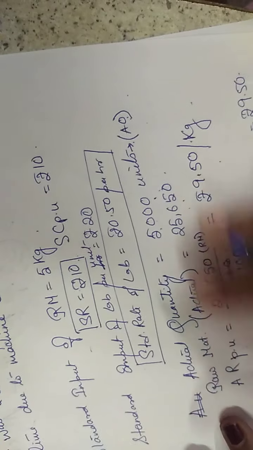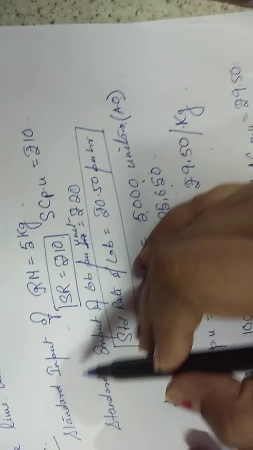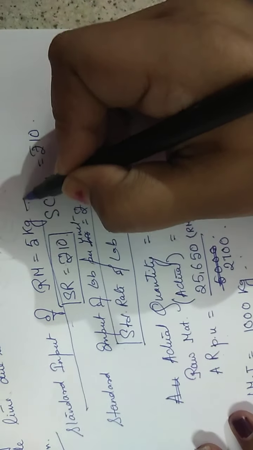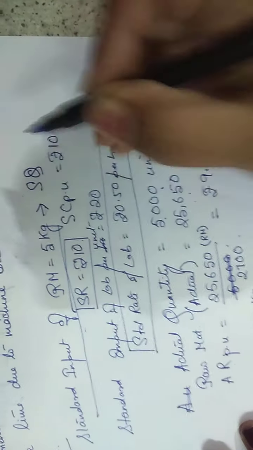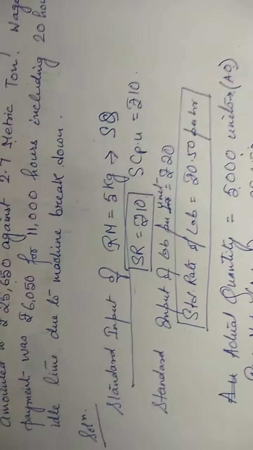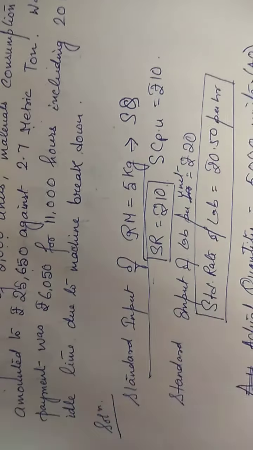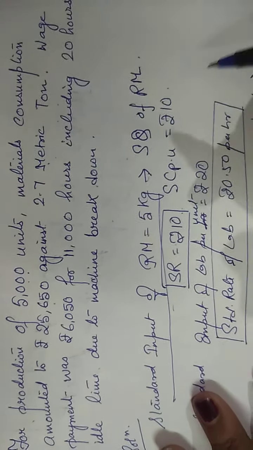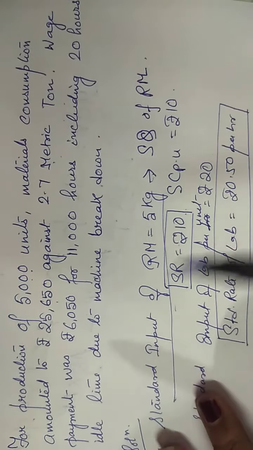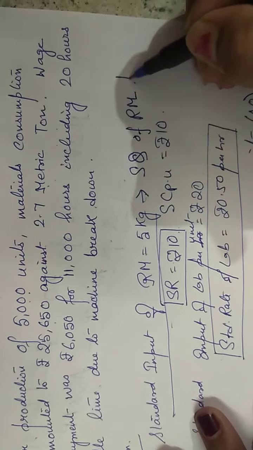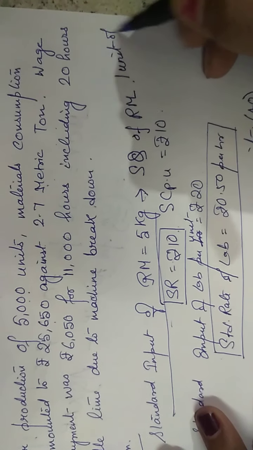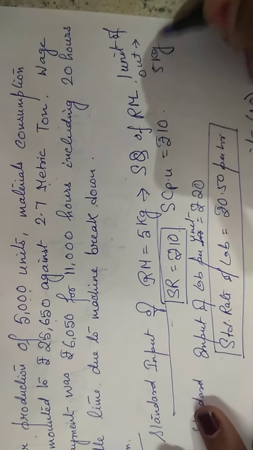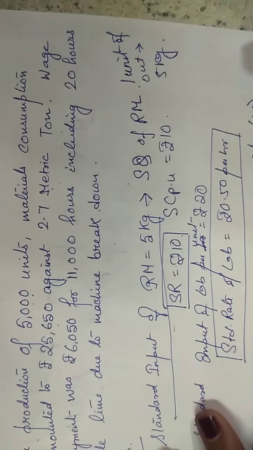Look over here, I have written standard input of raw material 5 kg, that means this is my standard quantity. I am presuming that if I have to produce 1 unit of output, maybe I'll be requiring 5 kgs of raw material, but actually this may be different.